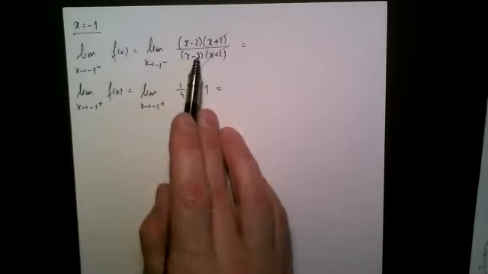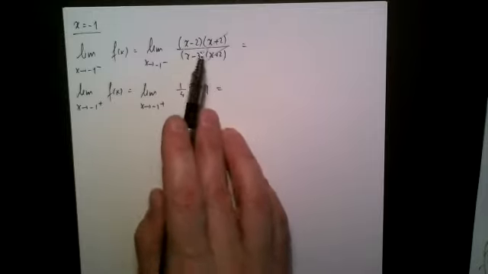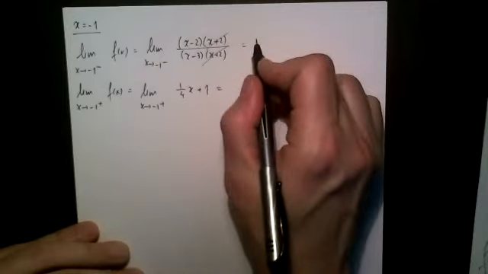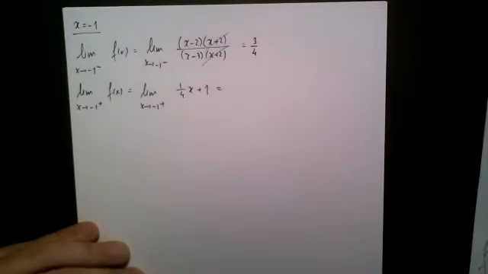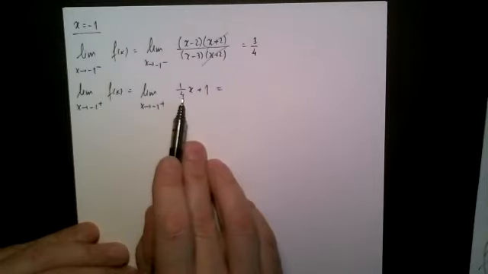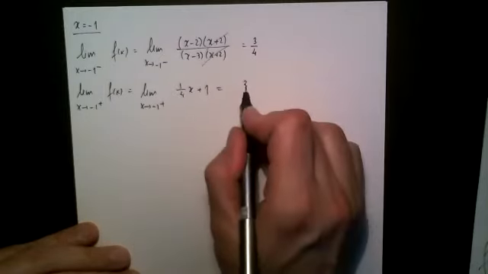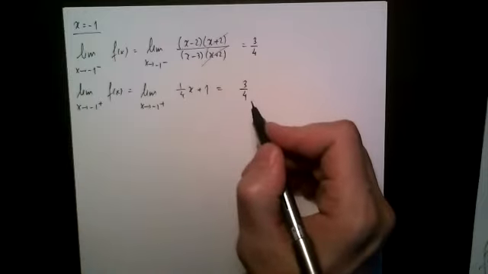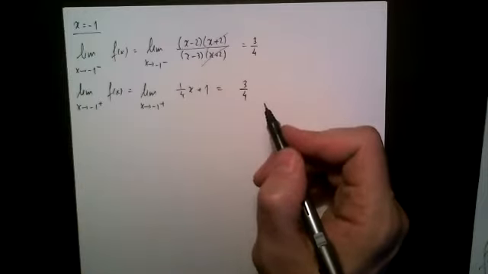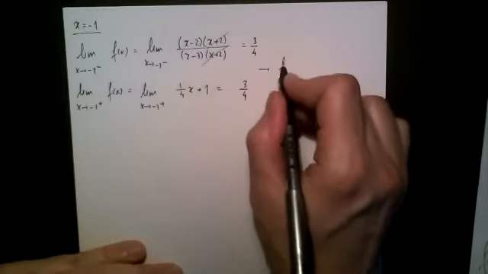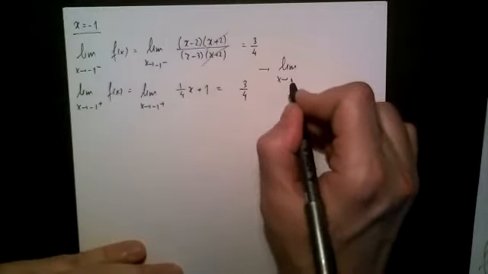Plug in -1 here. I get -3 over -4, so I get 3/4. And if I plug in -1 here, I have -1/4 plus 1, which is also 3/4. So the limit exists.